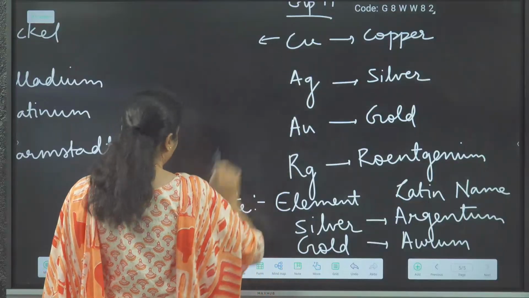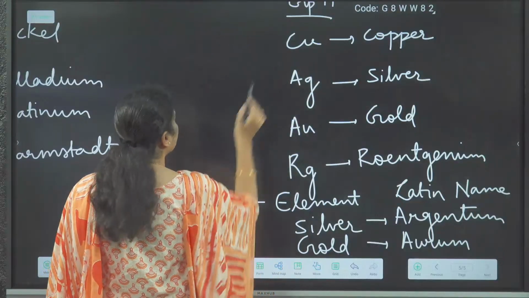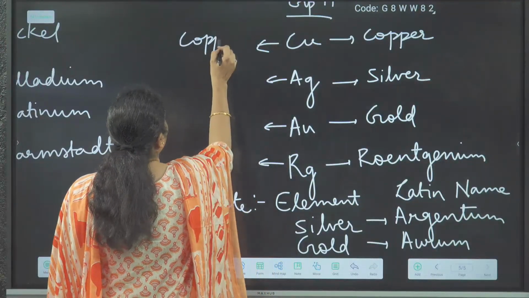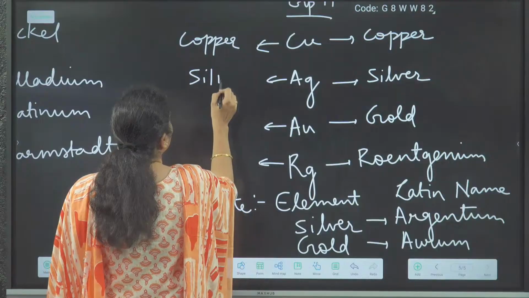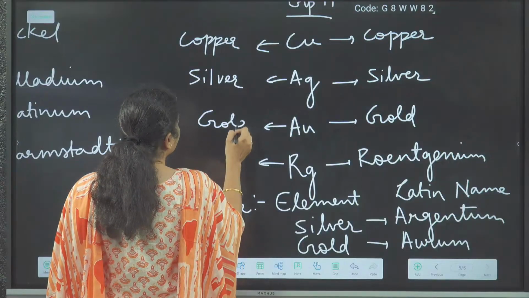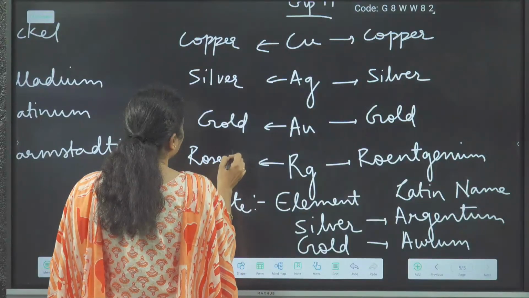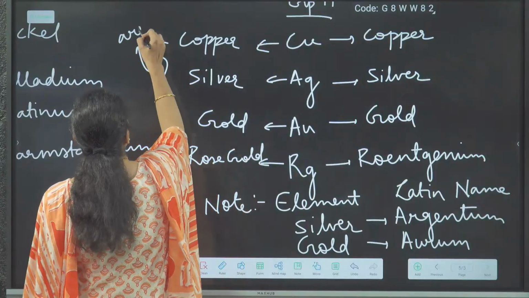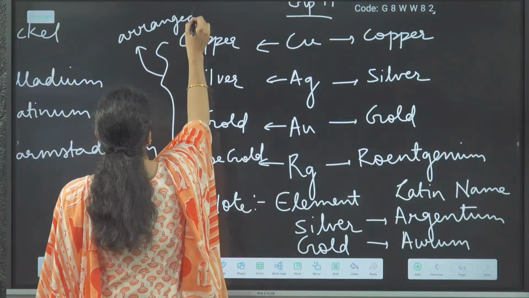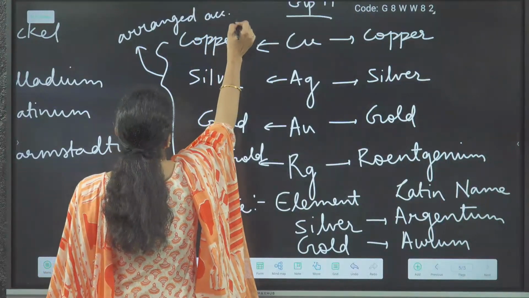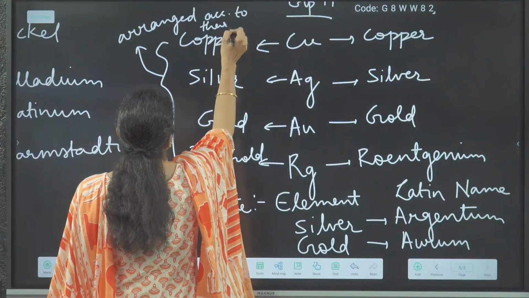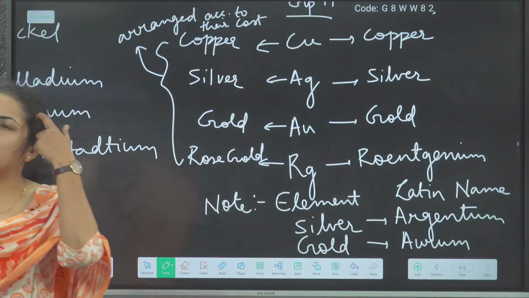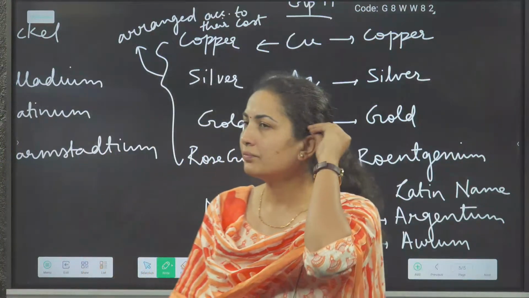I can write this as, according to price, copper, silver, gold, and this one is rose gold. These are all arranged according to their price or cost. So in that way, it will become much easier for you to remember.